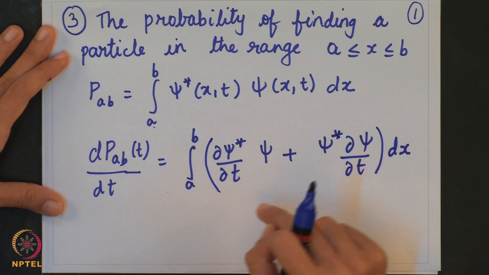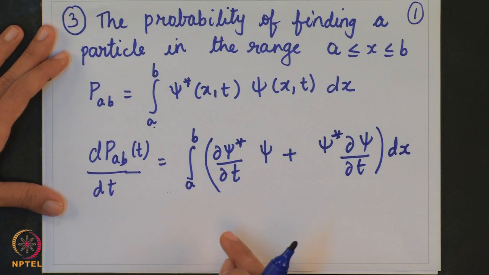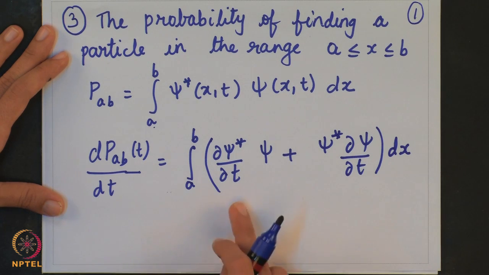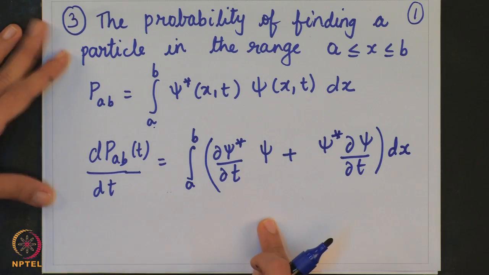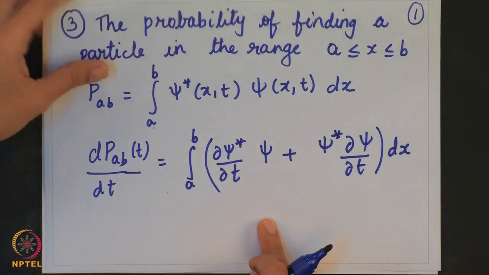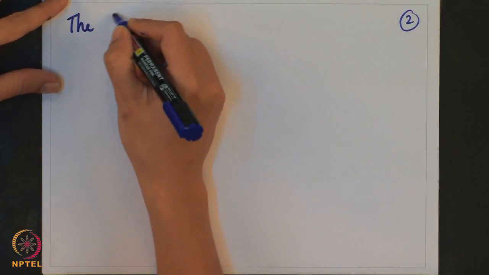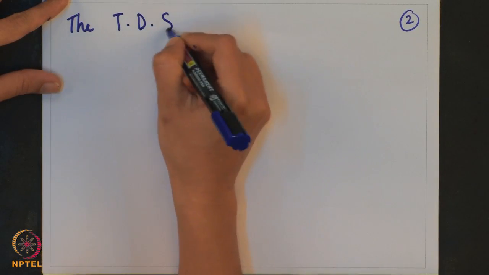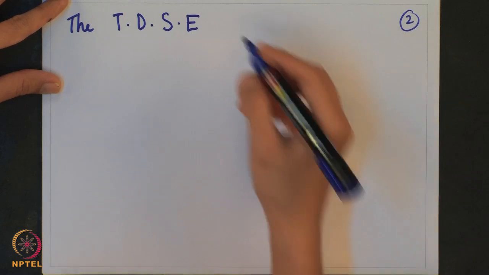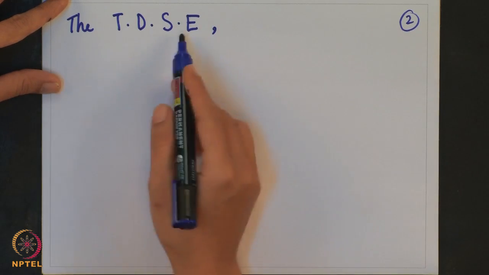Now, we have to rewrite it in the form given to us in the question, which is to write this as the probability current density. So, the next step would be we write the time dependent Schrodinger equation. I am using a short form here.